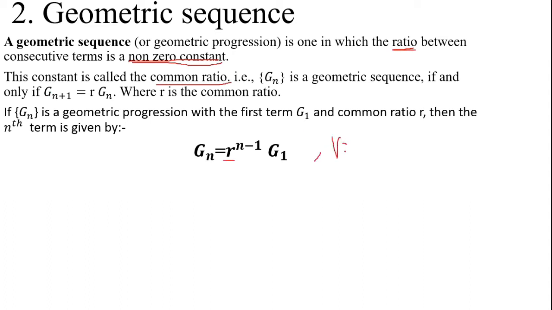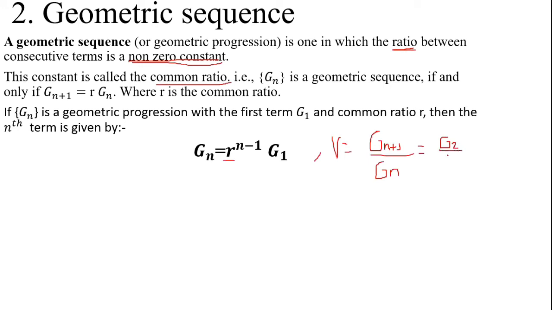R equals G(n+1) over Gn. So we can substitute any value of n just to find R. If we substitute 1 here, R can be calculated as G2 over G1.